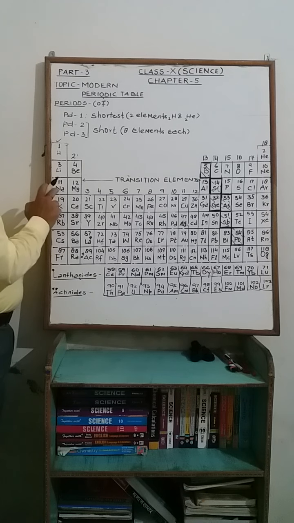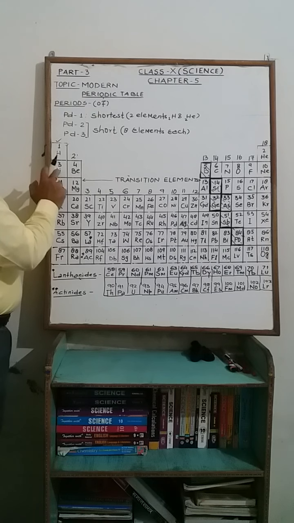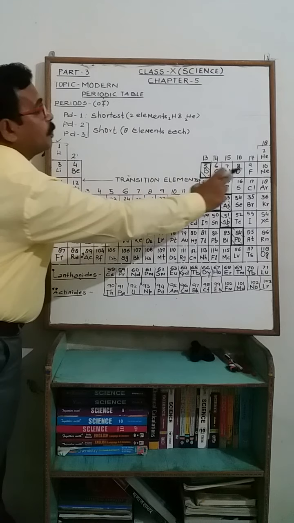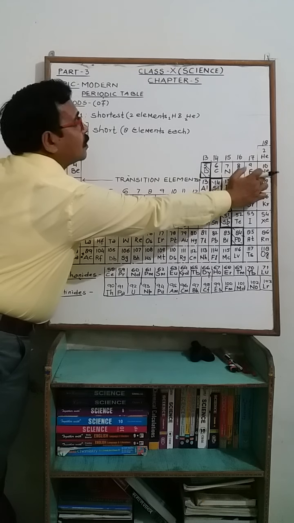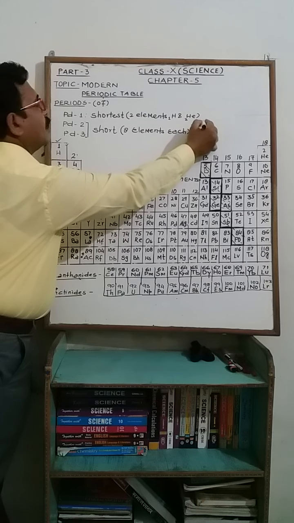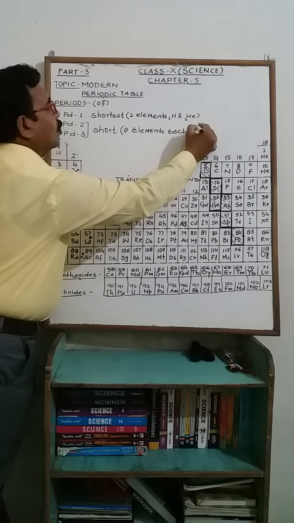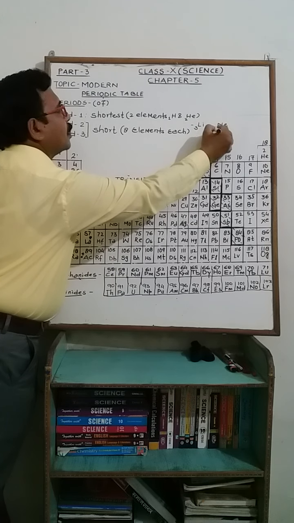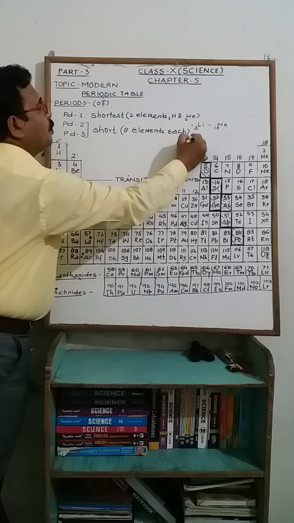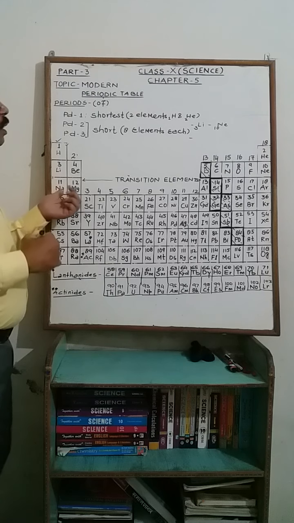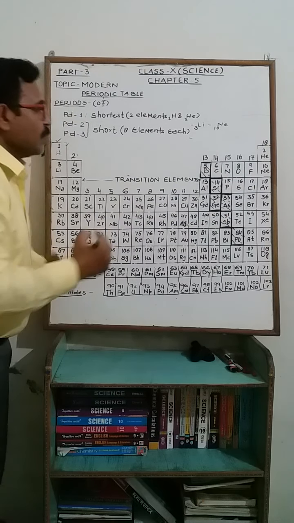Look, this is the second period, this is the third period. The second period starts from lithium with atomic number 3 and goes up to neon with atomic number 10. And the third period starts from sodium, atomic number 11, up to argon, atomic number 18.